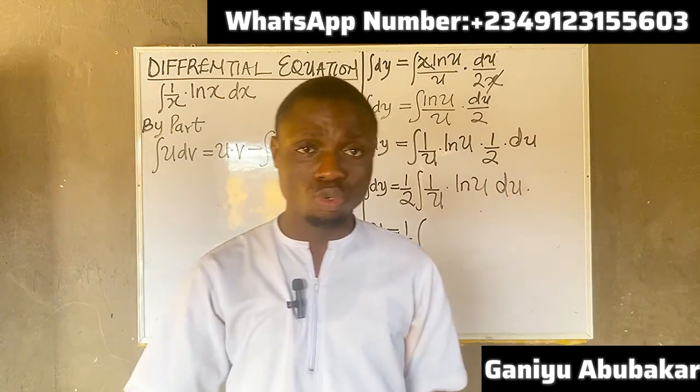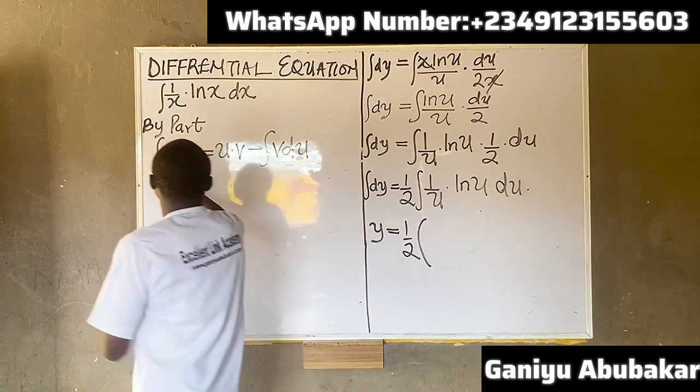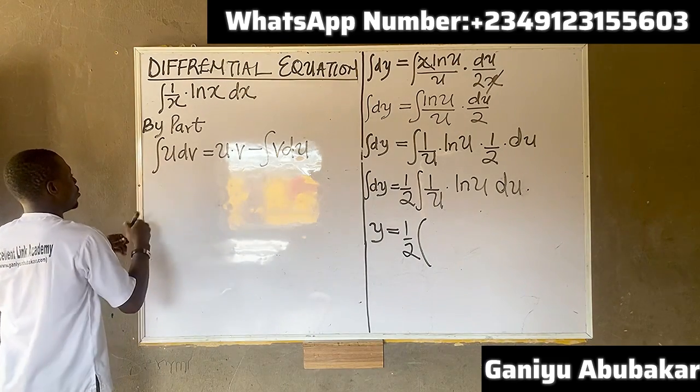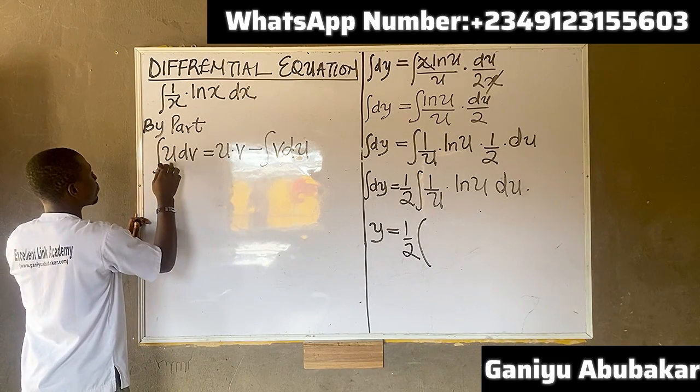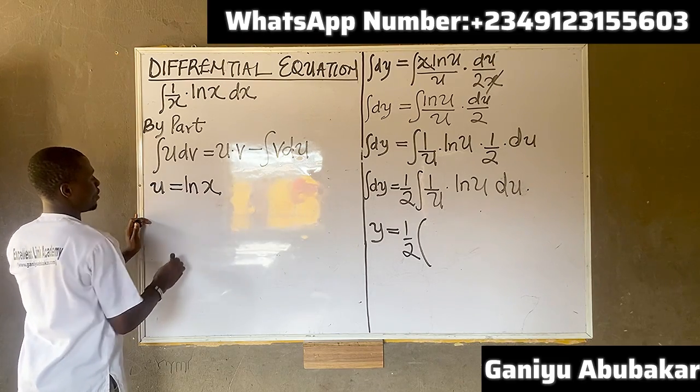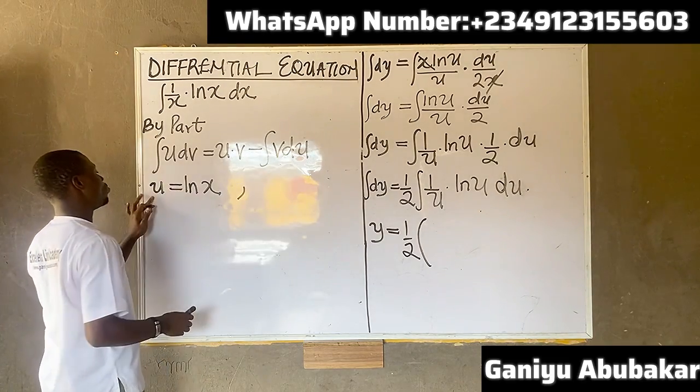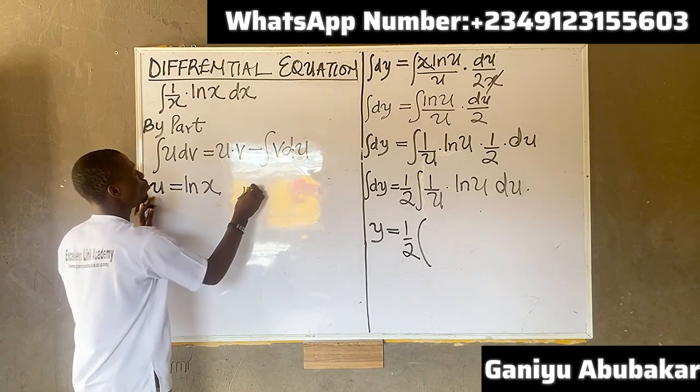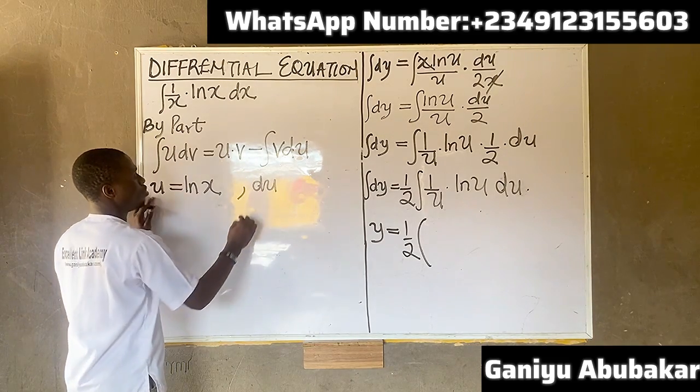They should always bear the u. So in this case, u will take the ln x. So u is equal to ln x. If I differentiate u, that gives you du.